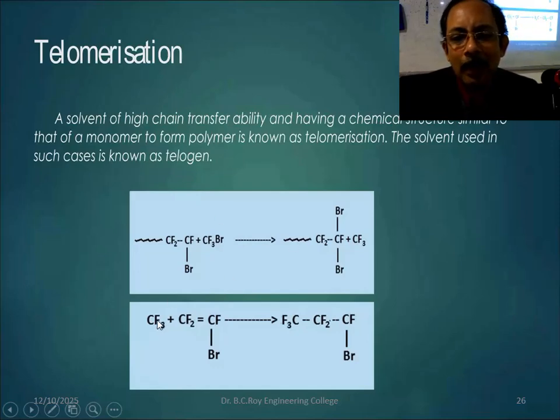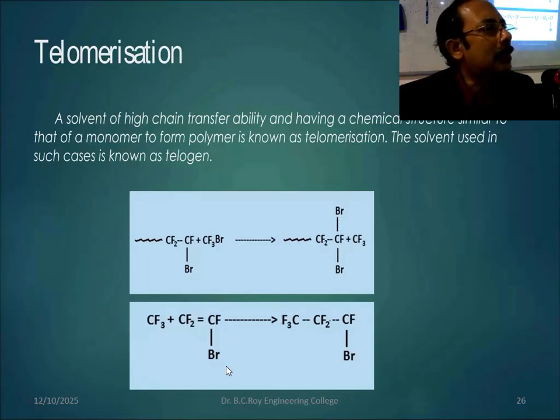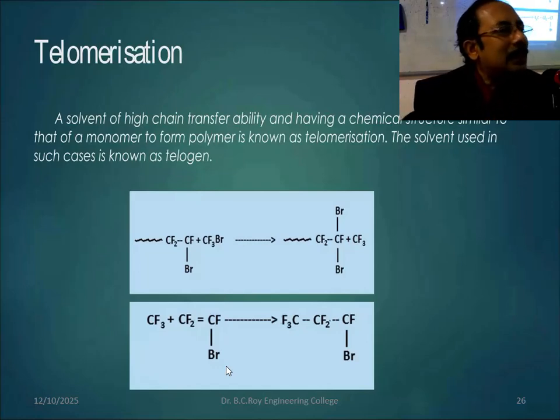It is transferring one bromine atom to the polymer chain. High transferring ability, because in CF3Br the bromine is prone to go out quite easily. Why? It is an asymmetric molecule: carbon, fluorine, but one big bromine. Not a very good situation. If it can be removed, it will be quite happy. So it is donating. Chain transfer is happening.